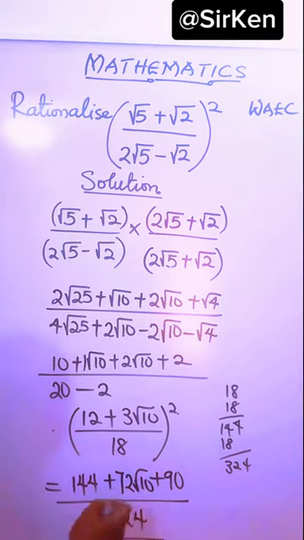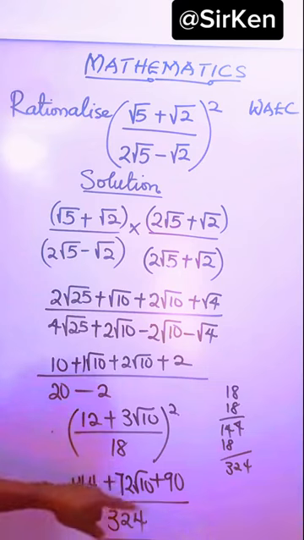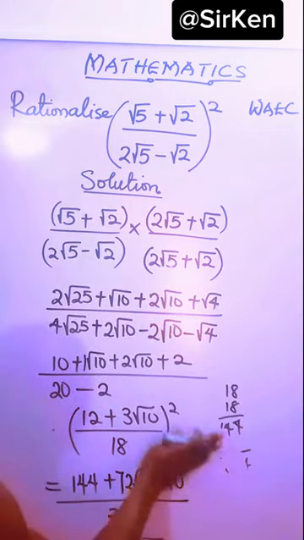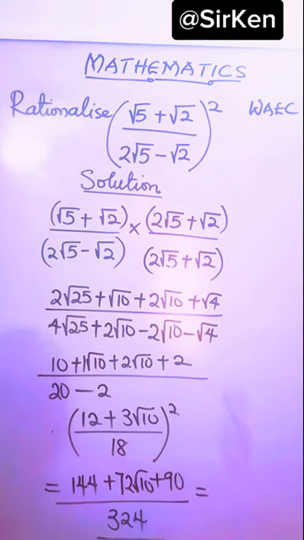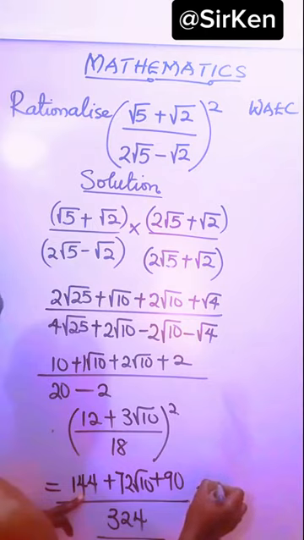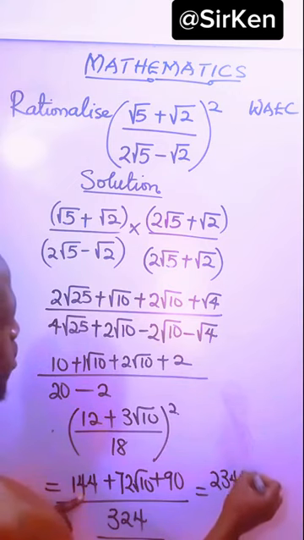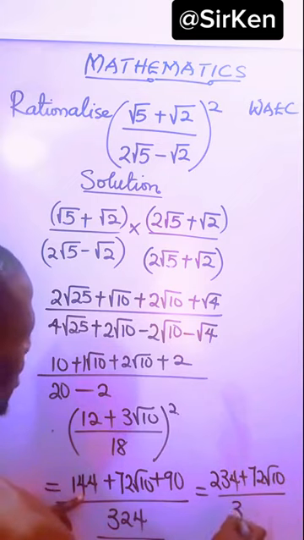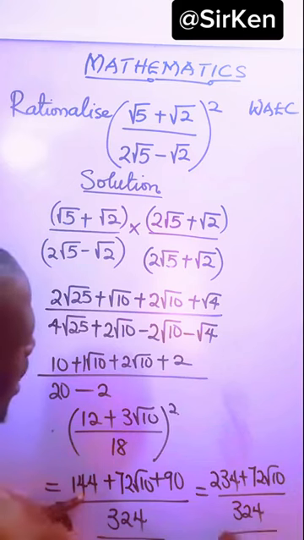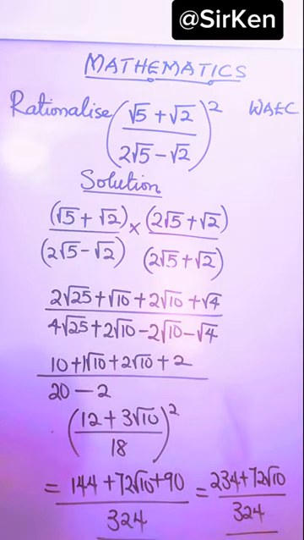So if you expand like I did here, you would have gotten this as your final answer. So you are free to proceed by saying 144 plus 90 will give me 234 plus 72 root 10 all over 324. That's your final answer. That's your what? Final answer.